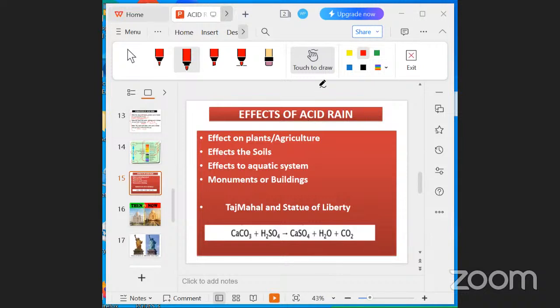Now we are going to the effects of acid rain.